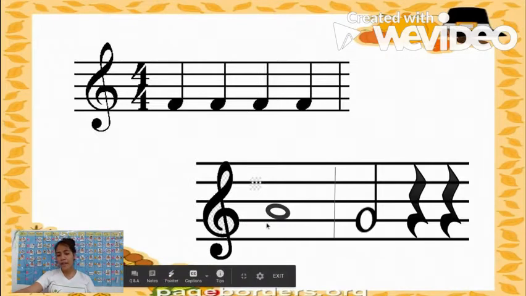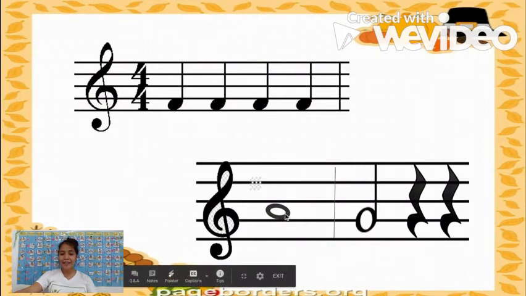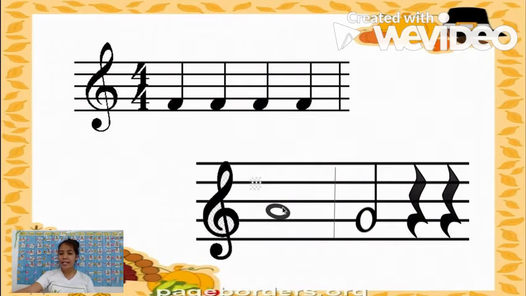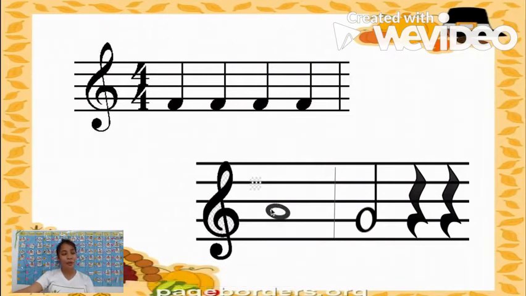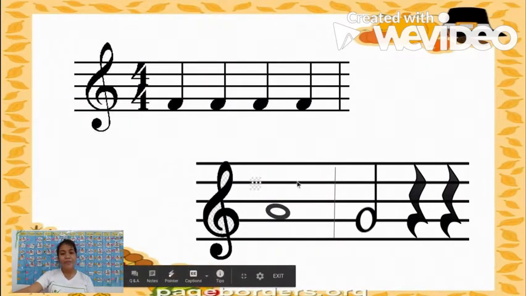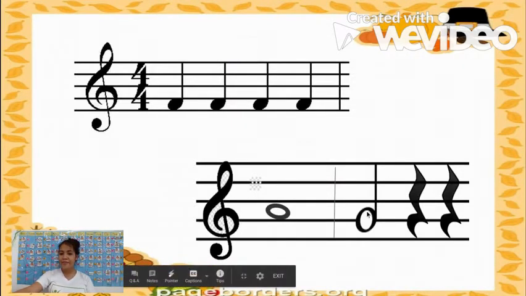Okay, so what do you think here in the last one? What time signature is being used in this musical staff? Let's find out. Okay, what note is this? Yes, this is a whole note. So a whole note receives 4 beats, right? So in every measure there are 4 beats. In the other measure, let's count. This is a half note, right?